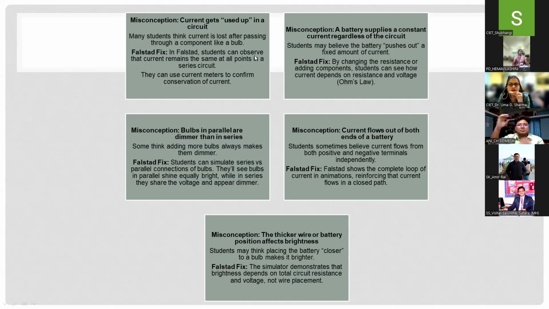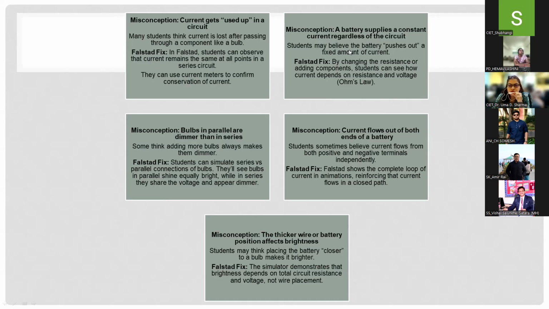The student can observe that current remains the same at all points in a series circuit. They can use a current meter to verify the conservation of current. If you explain these small concepts this way, it is very beneficial for understanding the basic nature of current.